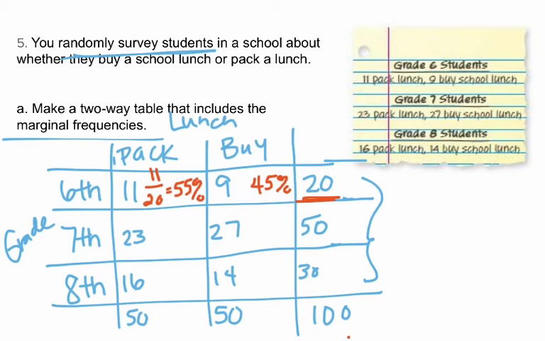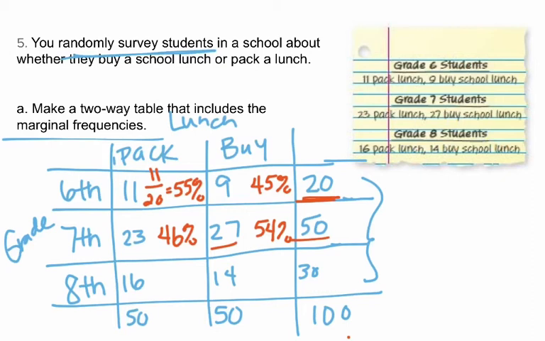All right, these next two, for 7th graders, we have 23 out of 50 total, which results in 46%, right? Out of 100. And then we have 27 out of 50 total, which is 54%. And then for our 8th graders, what percent pack a lunch? We have 16 out of 30, so 16 divided by 30.